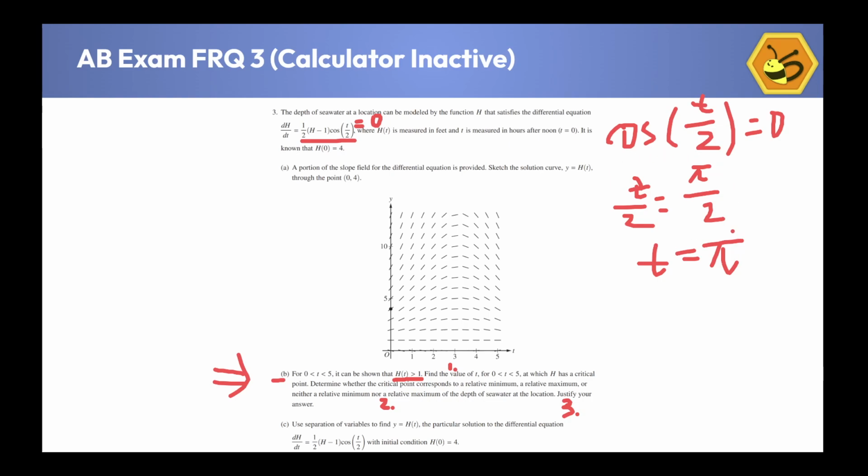This is a prerequisite: to recognize that for this to be 0, the t over 2 has to be pi over 2. This is a pre-calculus thing, so I hope you still know it. So here's the cosine graph, if anyone forgot. This is pi over 2.